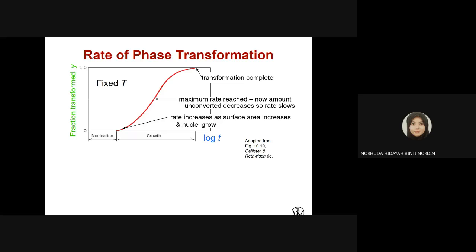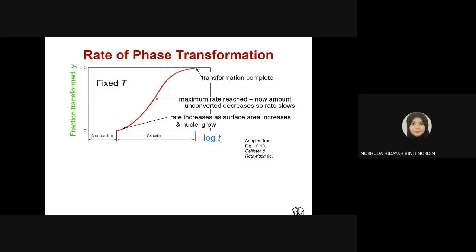So 7 seconds is the maximum rate where the austenite transforms to pearlite, for example. And here is where the transformation completes. So the rate starts to reduce until it becomes constant. Constant means that all the reaction is already completed, the transformation is completed.